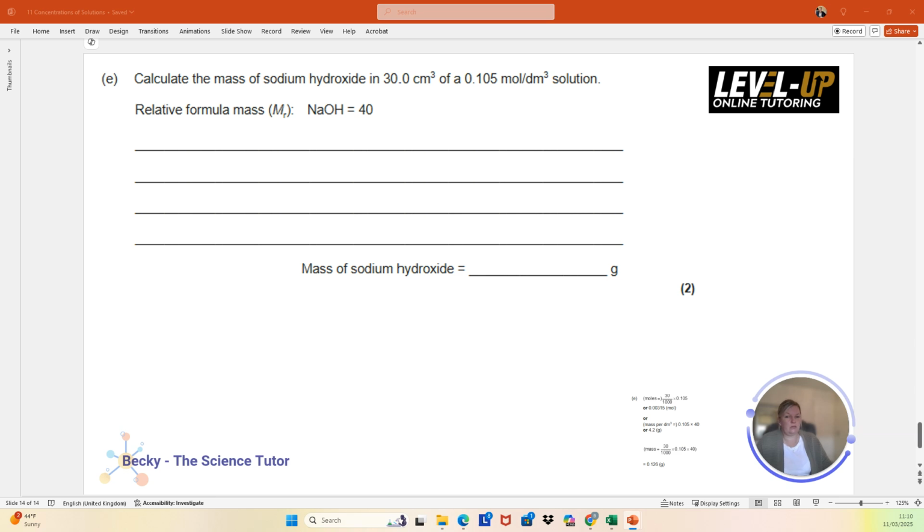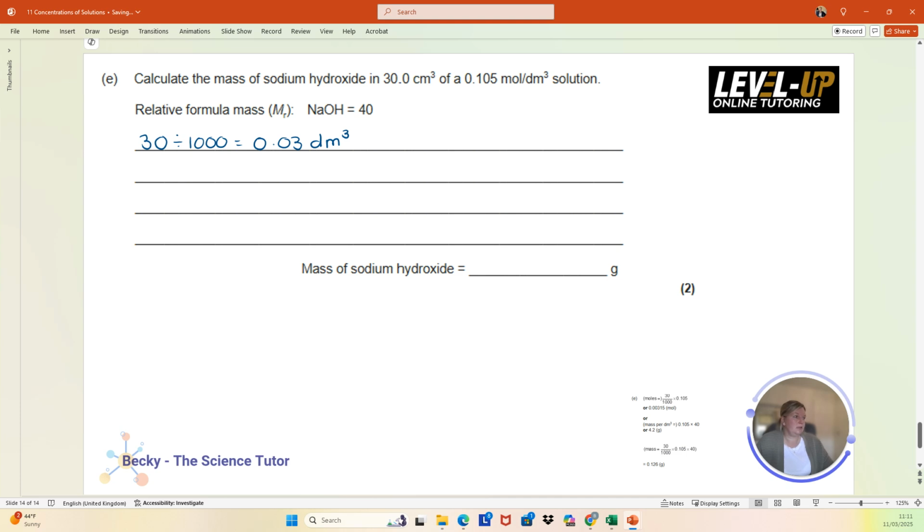Well, first thing to do, get rid of that centimeters cubed. So 30 divided by 1000 equals 0.03 decimeter cubed, that's our first thing, and then we can work out how many moles that we have in there.